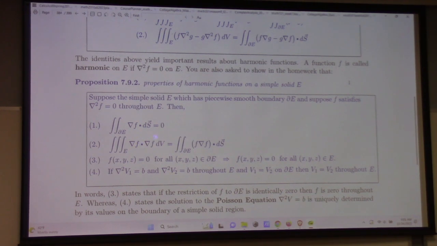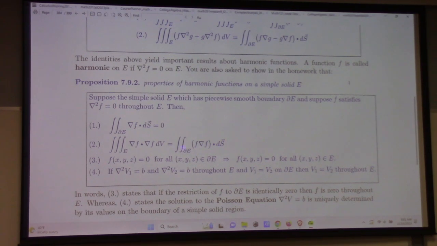And also, the triple integral of the dot product of the gradient is equal to the integral over the boundary of this, which is interesting because this tells you about the magnitude of the gradient. This is the magnitude of the gradient squared. It says that the integral of that over the volume is somehow related to the flux of the gradient through the surface, the edge of the volume.